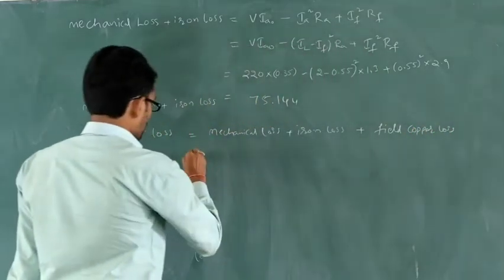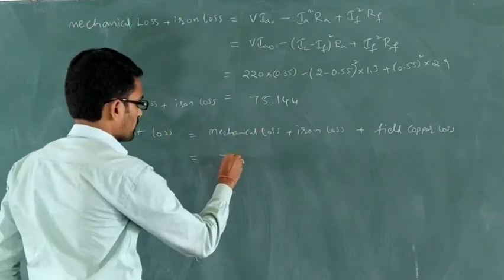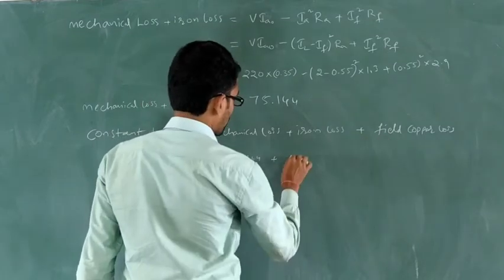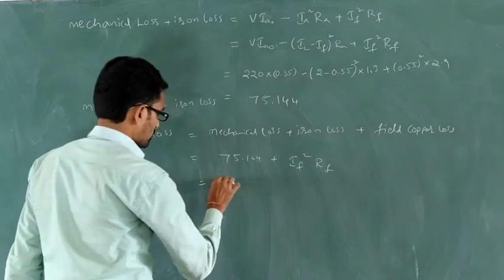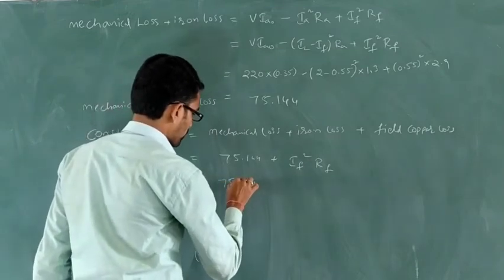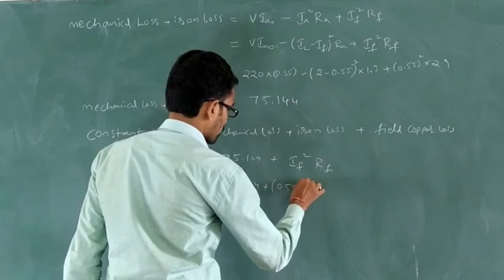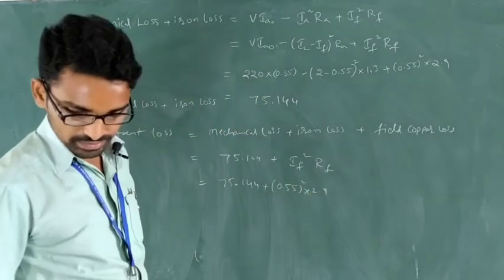So just substitute: mechanical loss plus iron loss is 75.144, plus field copper loss, If square Rf, so that is 75.144 plus If, 0.55 whole square into 2.9.